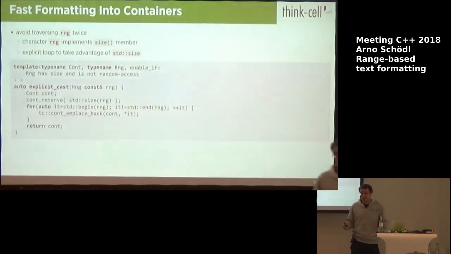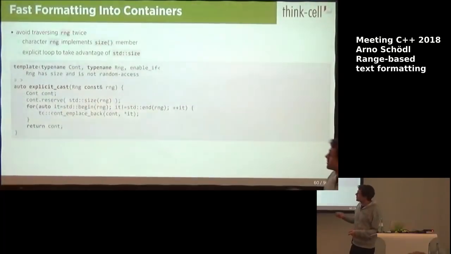So in order to make this work in general, the formatter is going to have a size member that just calculates the size up front. And then we will have to write an explicit loop because we unfortunately can't use the container constructor, since it will run over this whole thing again. We have an explicit loop to actually fill the container, so we only run over our formatter once.